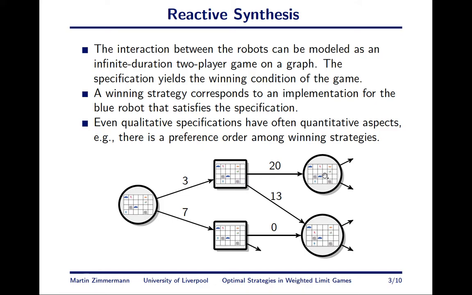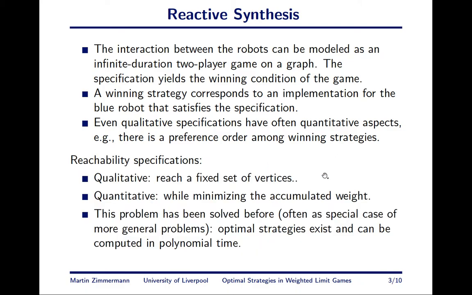And now let's talk a bit about specifications and winning conditions. So the most basic one is the one we use in the example, the reachability condition. So the qualitative aspect here is to reach a fixed set of vertices. In the example, the ones where you got the cookie for the blue robot.